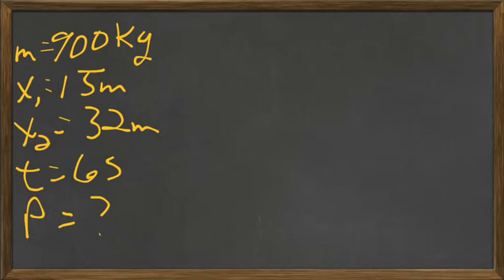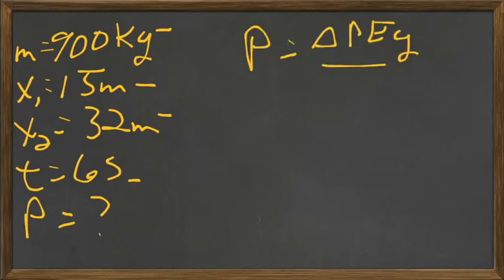Well, I've got a change of height, I've got a mass, I've got a time. First thing my brain goes to is power is change of gravitational potential energy divided by time.